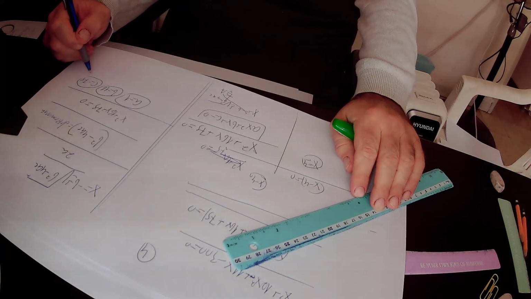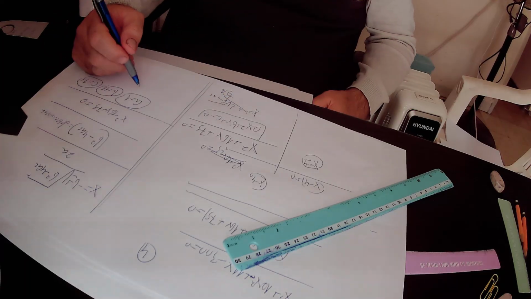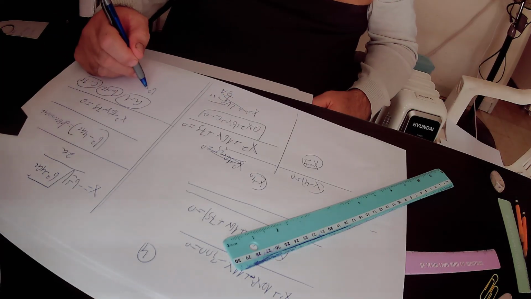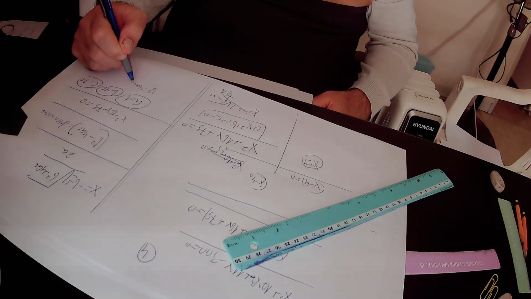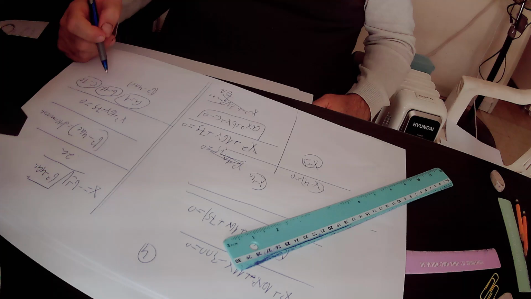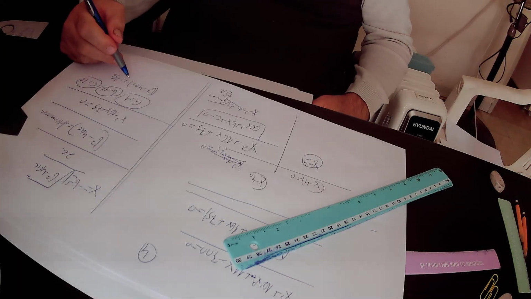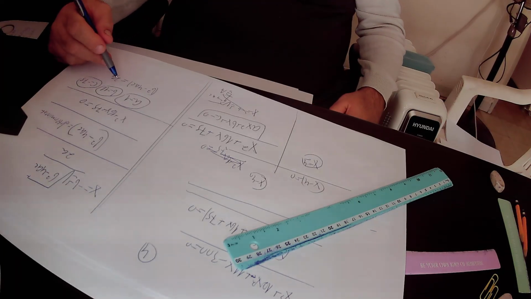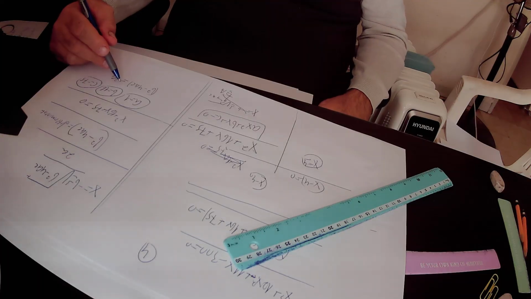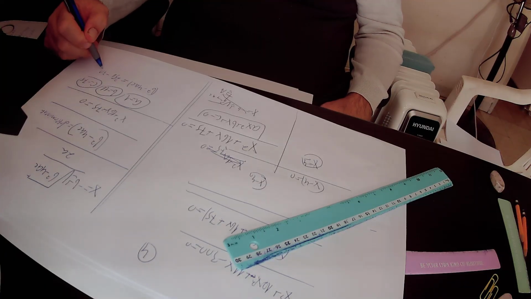Therefore, the determinant of this quadratic equation is b squared minus 4 times a times c. b is 16, therefore b squared is 16 squared, which is 256, minus 4 times a times c. So it is minus 4 times 1 times 75, and minus 4 times 75 is minus 300.